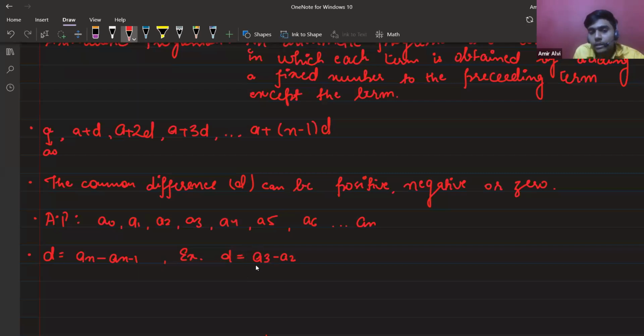This should be the next term minus the previous. You cannot say A2 minus A3, because it will give basically negative D. But we need D, so that's why the term should be subtracted from the next successive term. Is that clear to all of you? Any doubt in this?